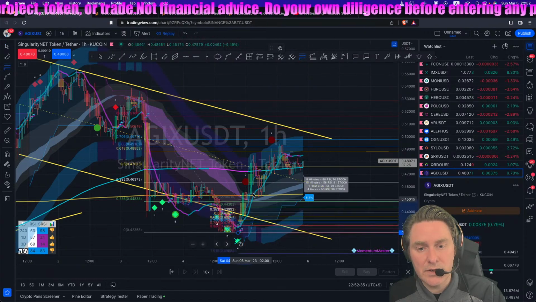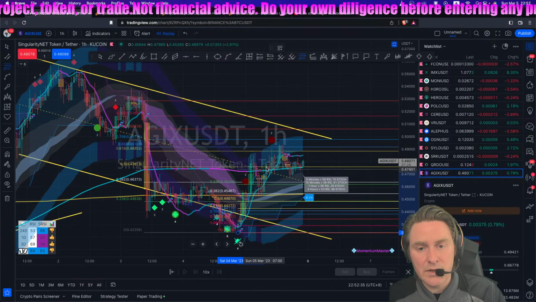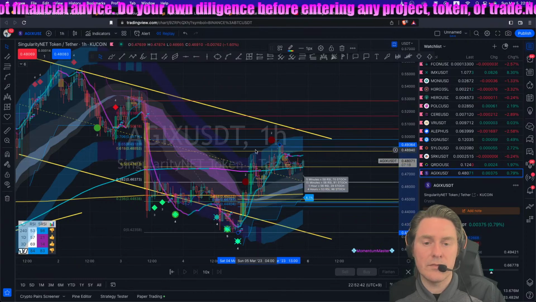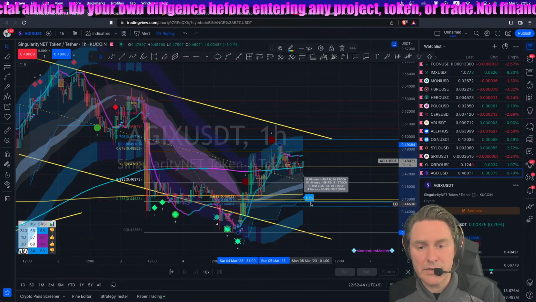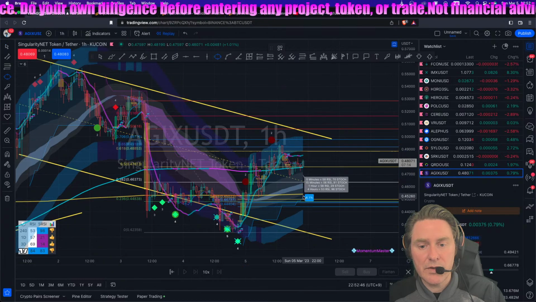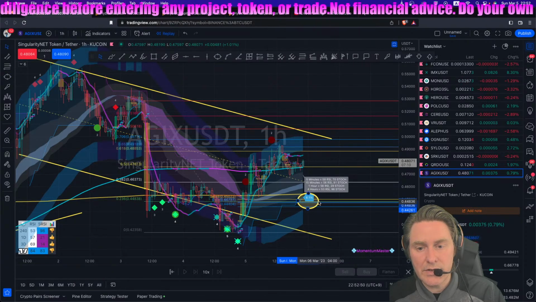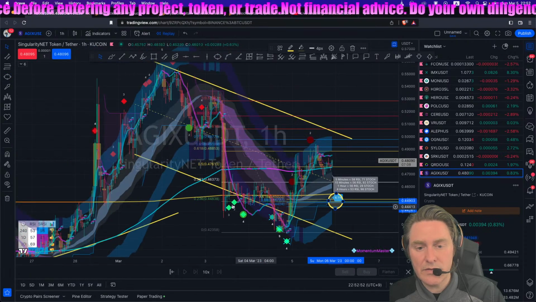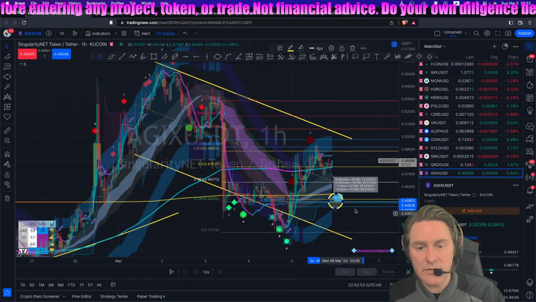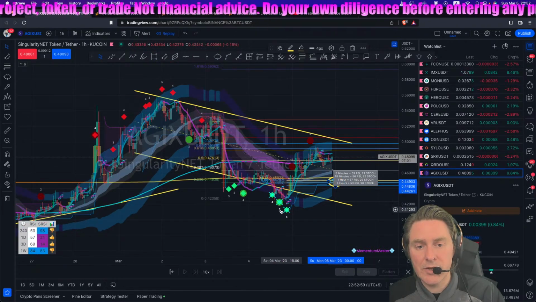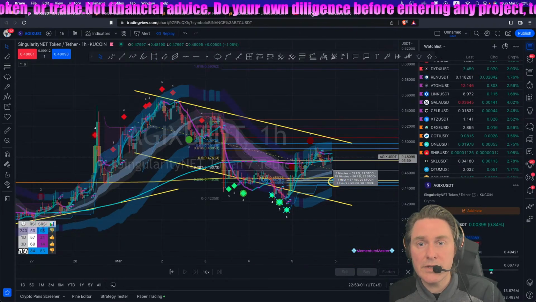You could do a pocket here, so it would come down to this region. If you're looking for Ajax to get another entry zone, you'd look for some sort of discount region here, perhaps.